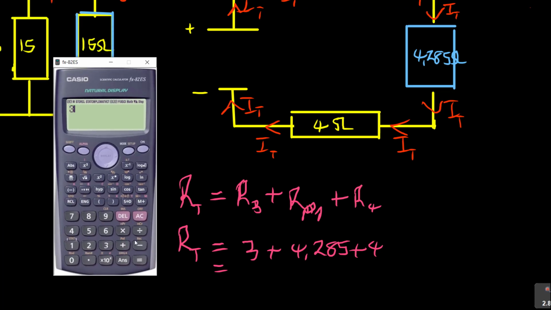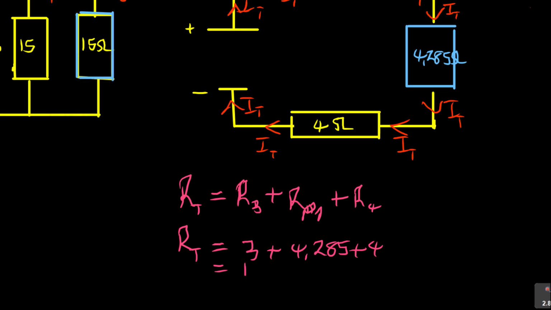So you can say 3 plus 30/7, just for the sake of rounding off, plus 4. Then press SD. There it is. It's too long. It's 79/7, which is 11.286, to 3 decimal places.